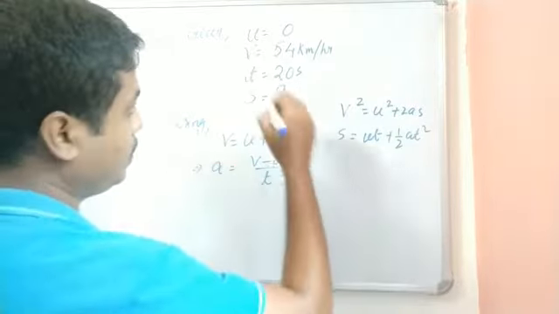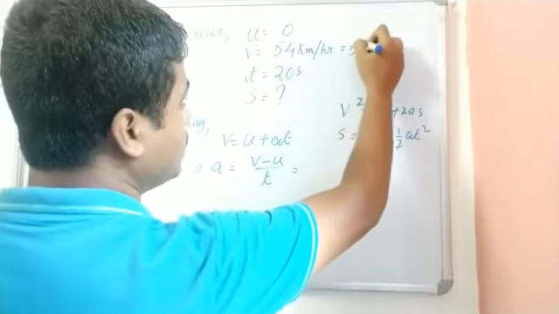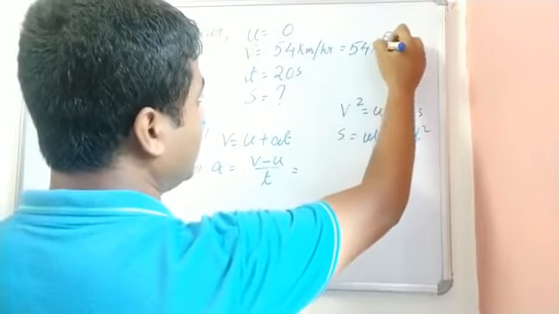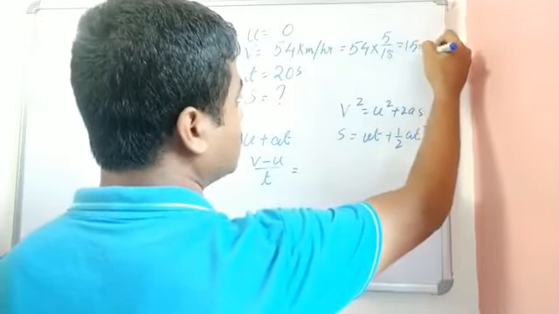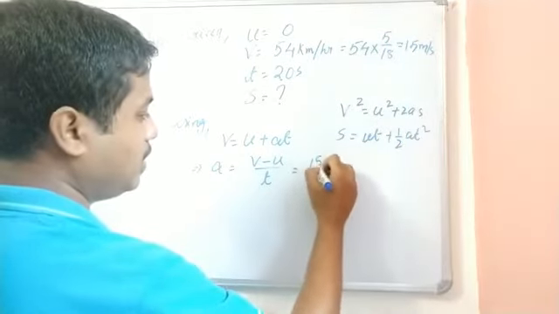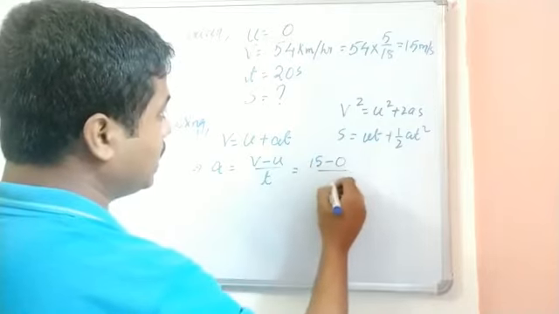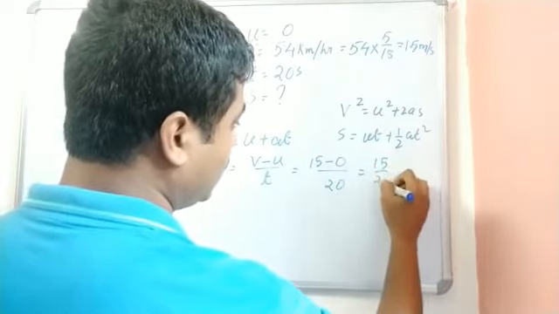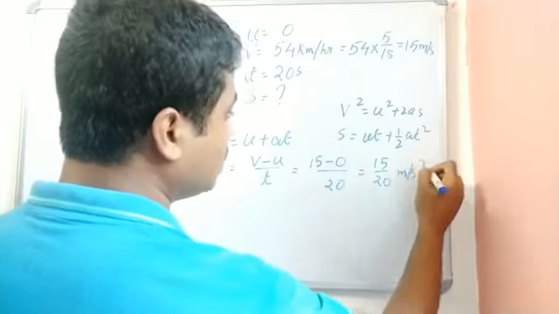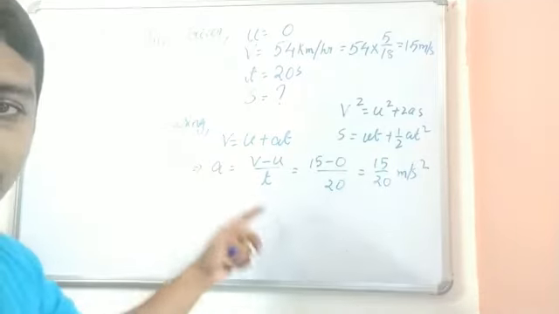Here v is 54, but you have to convert it into meters per second by multiplying by 5 by 18. 18 threes are 54, so it will be 15 meter per second. So this will be 15 minus 0 divided by the time, 20. It will be 15 by 20 meter per second square. We'll keep it this way.